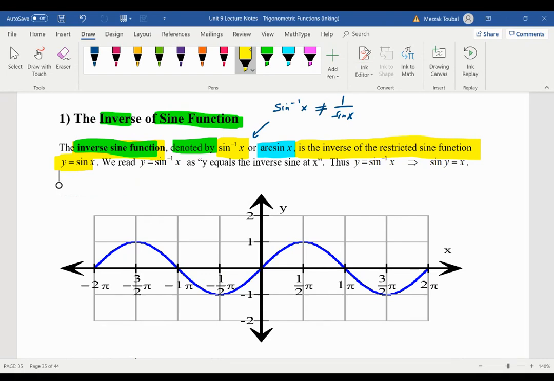So we read y equals sine inverse of x as y equals the inverse sine at x. This is just notation so far. Y equals sine inverse of x is equivalent to sine of y equals x.